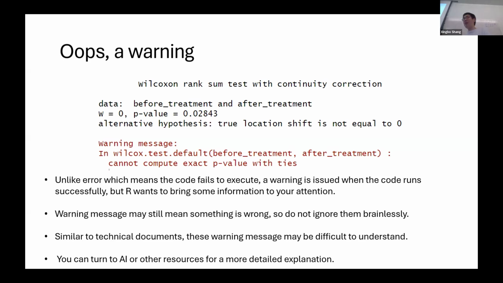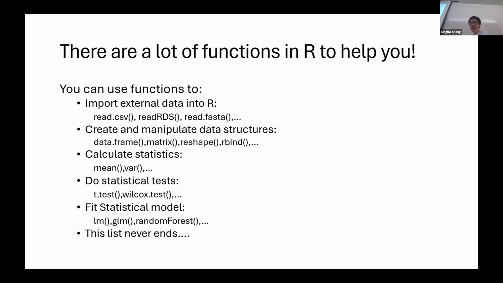If R feels that something doesn't prevent it from running the code successfully, but is still worth bringing to your attention, R will give it to you as a warning message. So do not ignore it brainlessly, because frequently they can still mean some problems. So similar to technical documents, whenever you get a warning message that you feel is difficult to understand, which is quite normal, you can again turn to AI and other resources for a more detailed explanation.